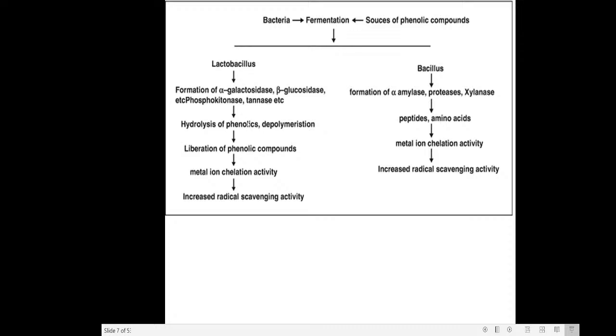This process is hydrolysis of the phenolics and depolymerization. Depolymerization means the polysaccharide gets degraded, and the phenolic compounds are liberated after the hydrolysis process. Hydrolysis always means breakdown. Then metal chelating activity, then increasing the radical scavenging activity.